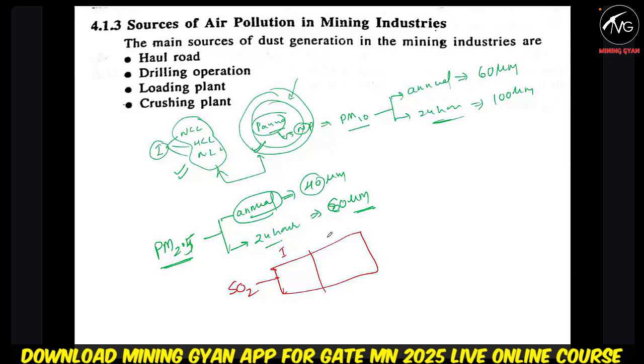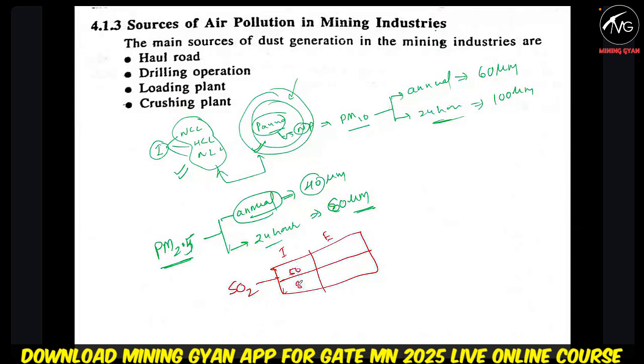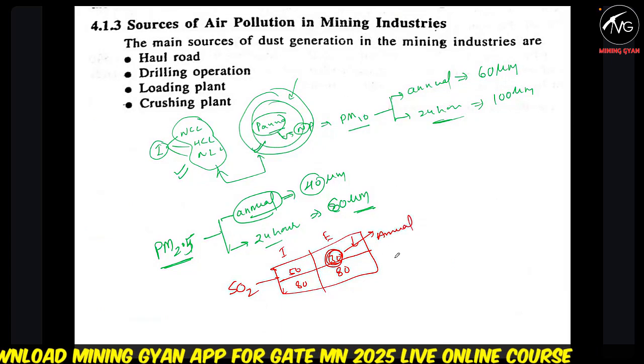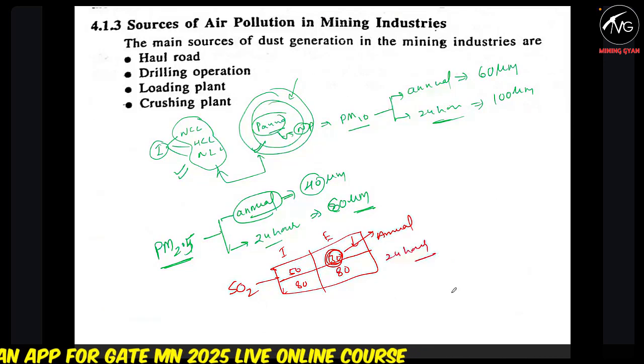So for this case 50, 80, 30, 80. So for the ecological sensitive zone, its limit for the SO2 should be lesser compared to the industrial area. It will be annual. It was the 24 hours. This type of table you have to make.